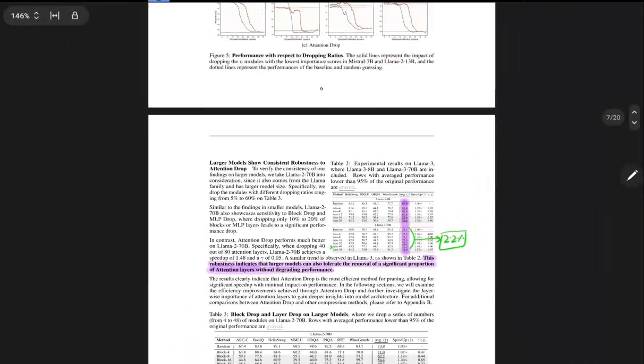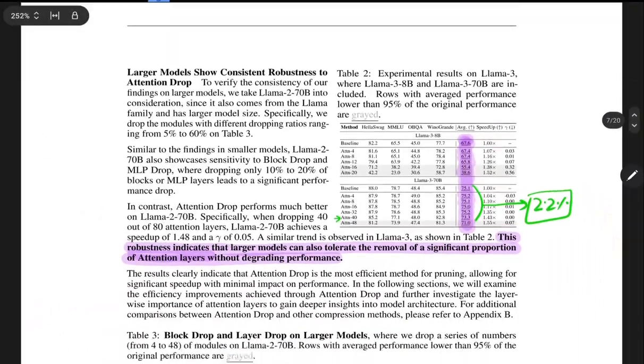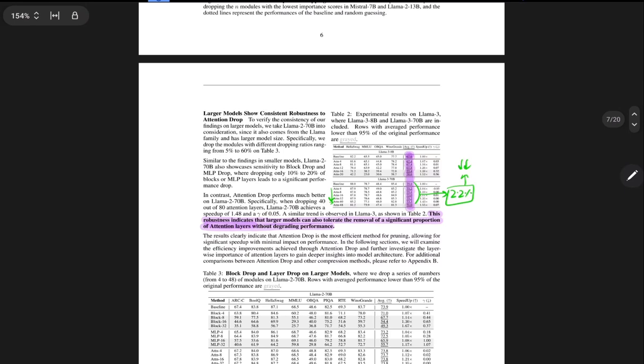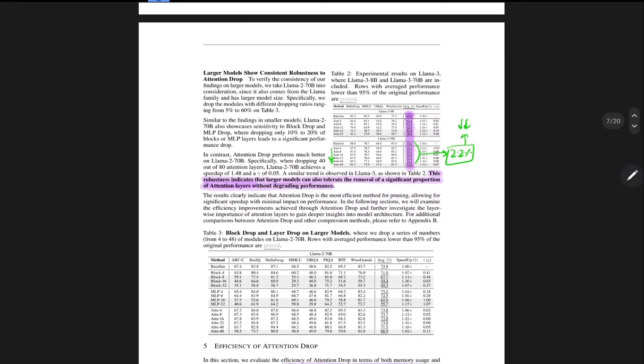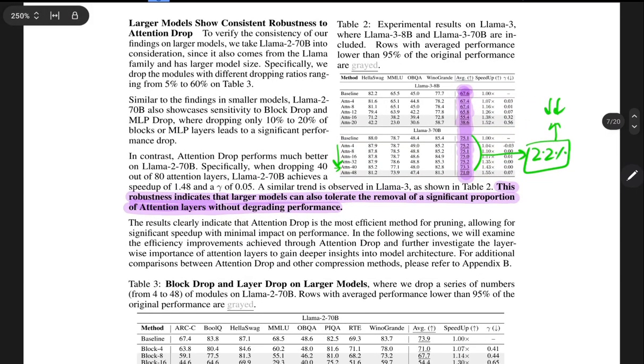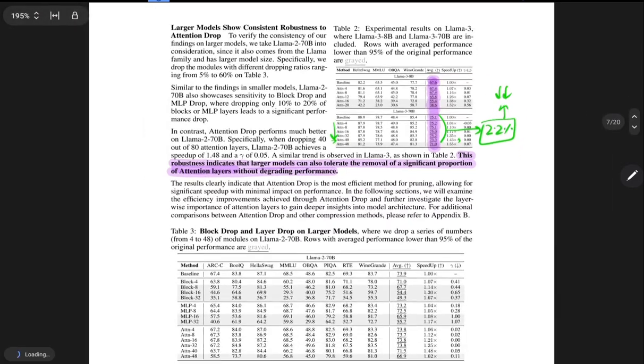So it's a lot of difference, but the difference in performance is very low, right? So it's pretty clear that attention layers can be removed without much difference in performance, and the speed up is 1.4 times. So it's really good for us, right?